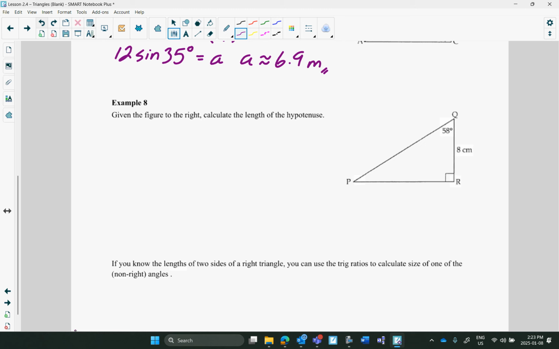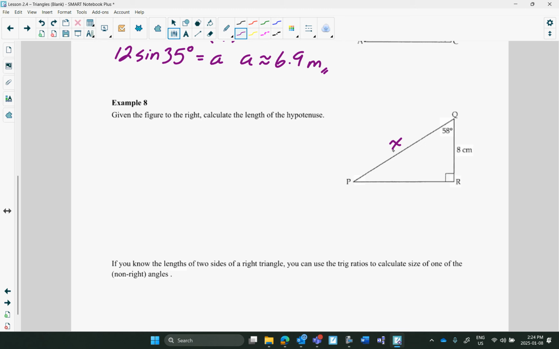Okay, and I'll call it X. So we're given the 58-degree angle. Well, X is what side? Opposite, adjacent, or hypotenuse? Hypotenuse. 8 is which side?